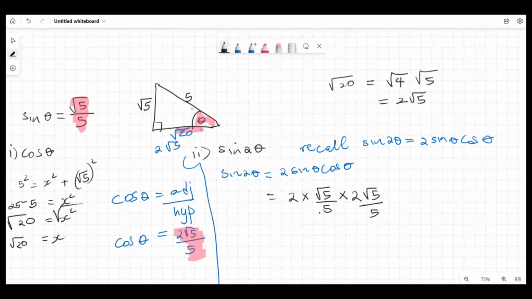And then if I continue working this, 2 and 2, 4, I'll have 4 times root 5 times root 5 becomes 5, over 25. And then I'm actually getting 20 over 25. And if I cancel this with 5, I get 4 over 5. So sine 2 theta is, in the end, 4 over 5.